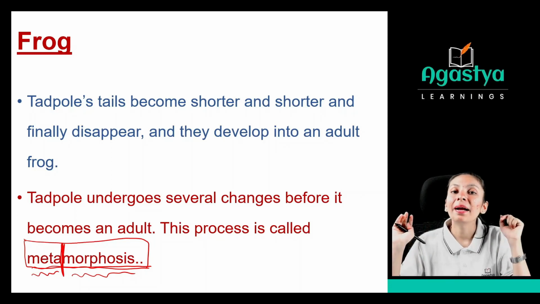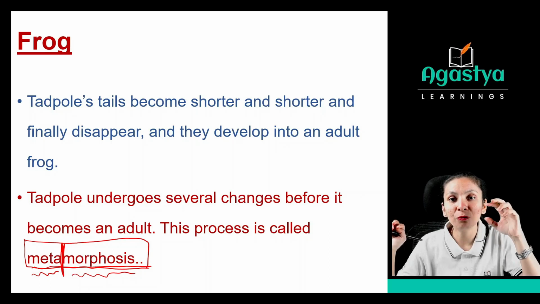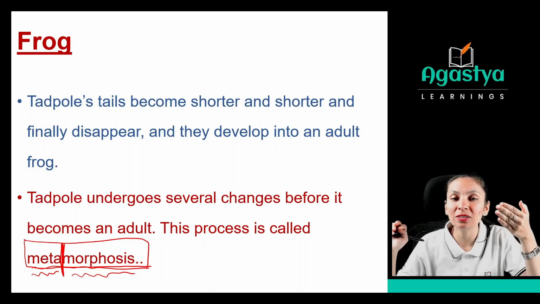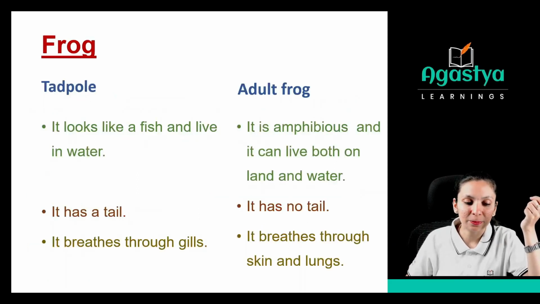That is called metamorphosis. How will you pronounce this? Metamorphosis. Morphosis is related to body structure. The changes are there in the body structure, right? So that is called metamorphosis.